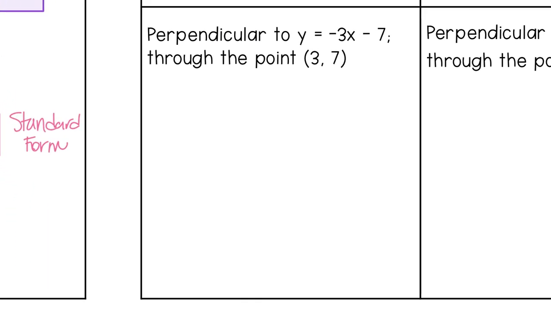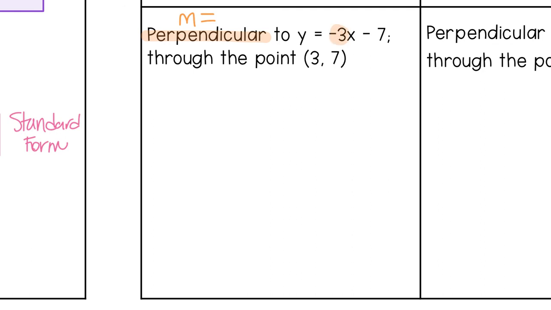So I want a line that's perpendicular to negative 3x minus 7, but that goes through the point 3, 7. Okay, so since it's perpendicular, as far as the slope goes, we are going to flip it upside down, and we're going to use the opposite sign.